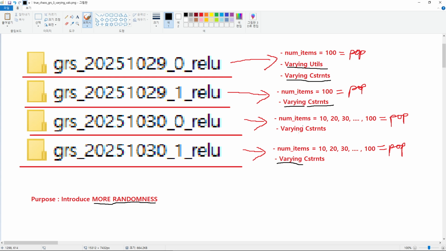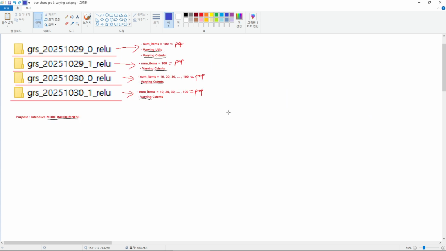So the first one is true chaotic, and so is the second one.